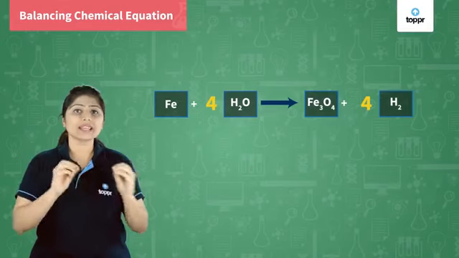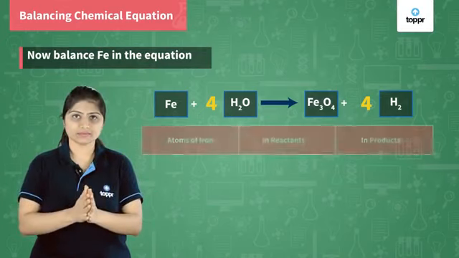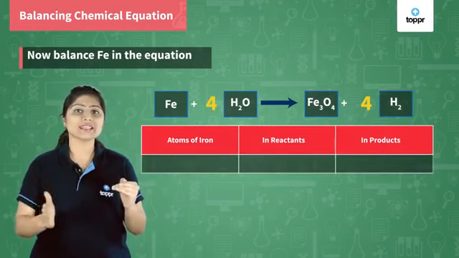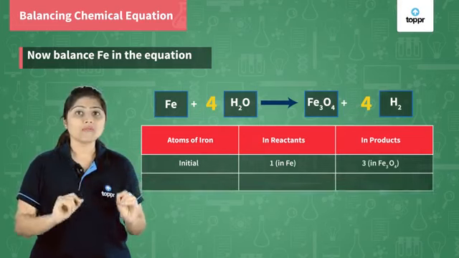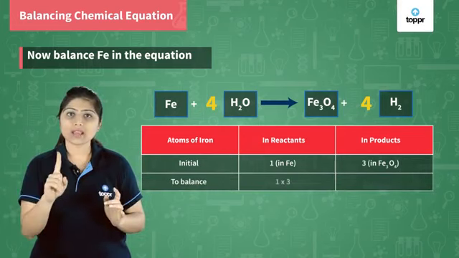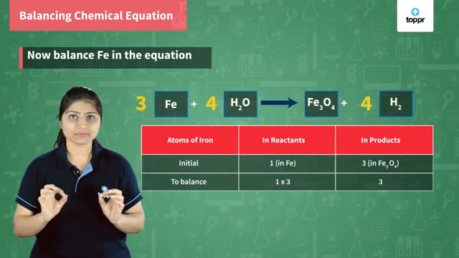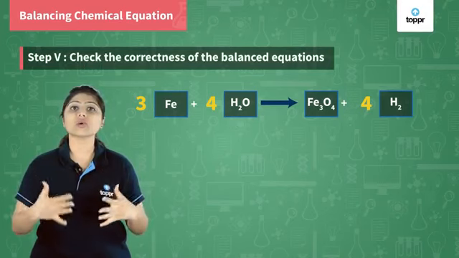Okay, now which element is left to be balanced? Iron, that is Fe. Fe on the reactant side is only 1 initially and on the product side it is 3. So you have to balance the Fe on the reactant side. So we multiply that 1 Fe by 3. Finally, we have to check the correctness of our equation.